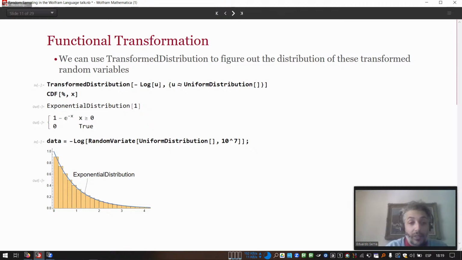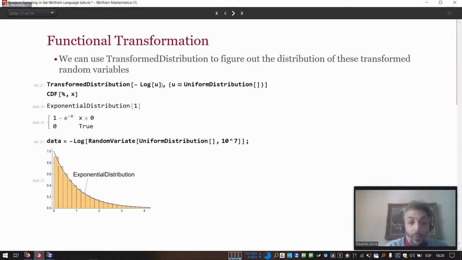And we can use TransformedDistribution to figure out the distribution of these transformed random variables. It takes an expression and variables that are distributed as certain distributions, where this symbol means distributed as, and it can figure out what the output distribution is.